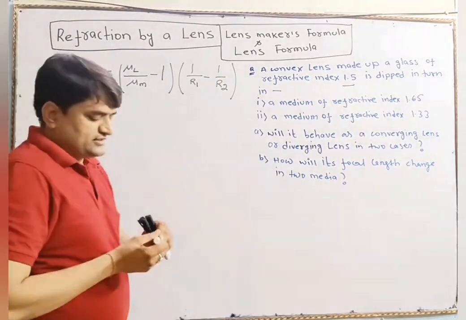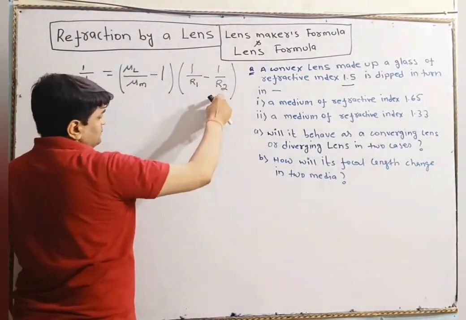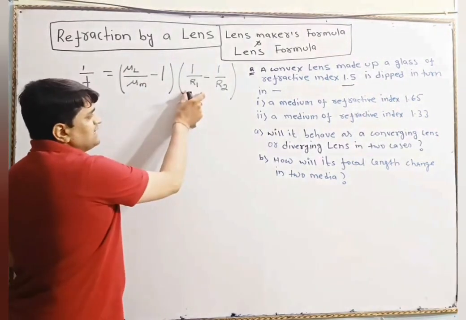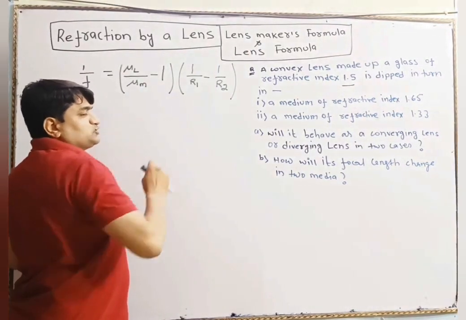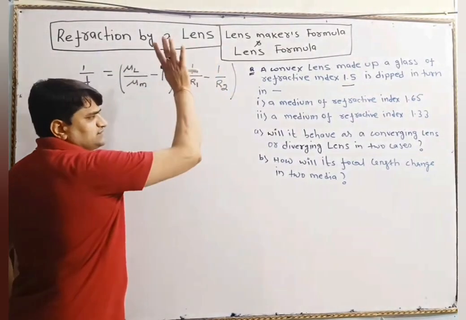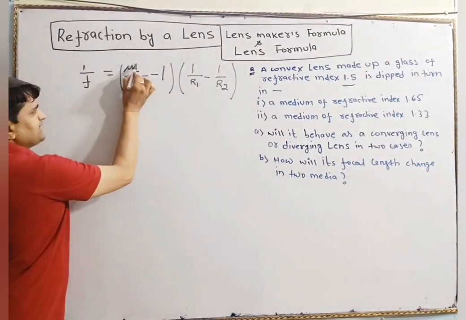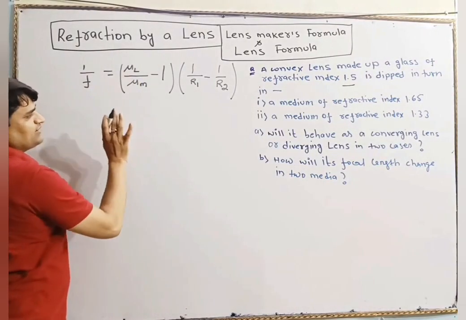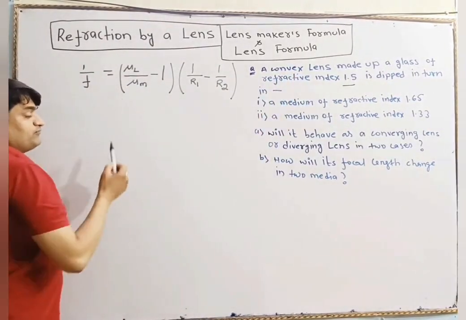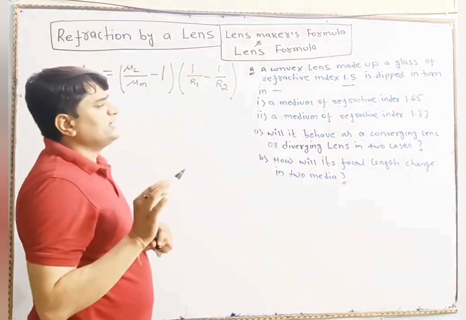Now see the situation. The terms 1 upon R1 and 1 upon R2 are decided by the construction, because these are the radii of curvature. So because of a change in medium, these terms will not change, it's for sure. Here mu L is given as 1.5, and mu m is the medium in which the lens is immersed or dipped.